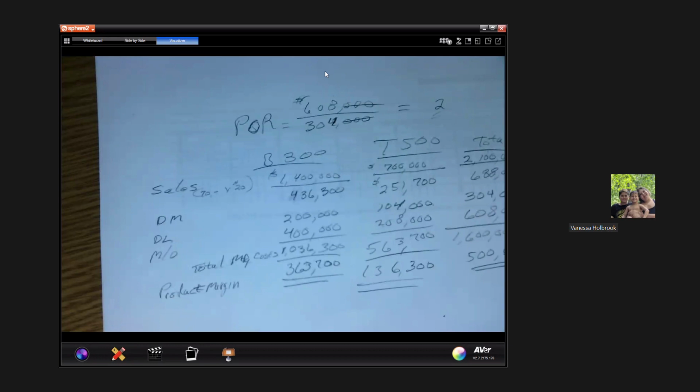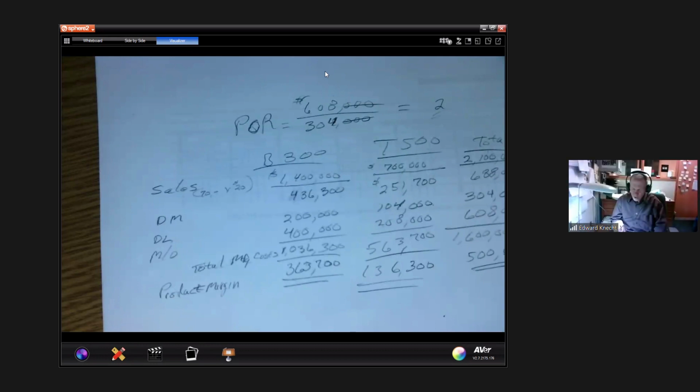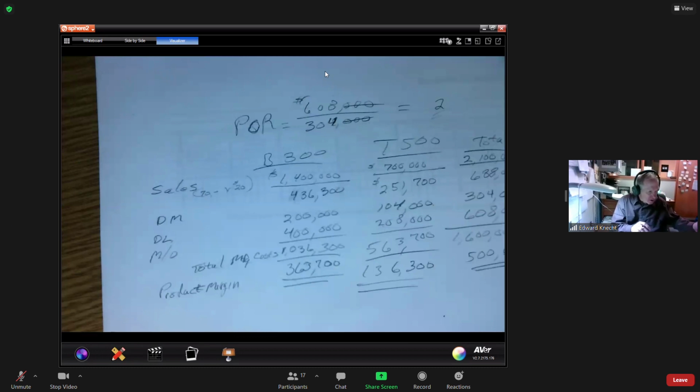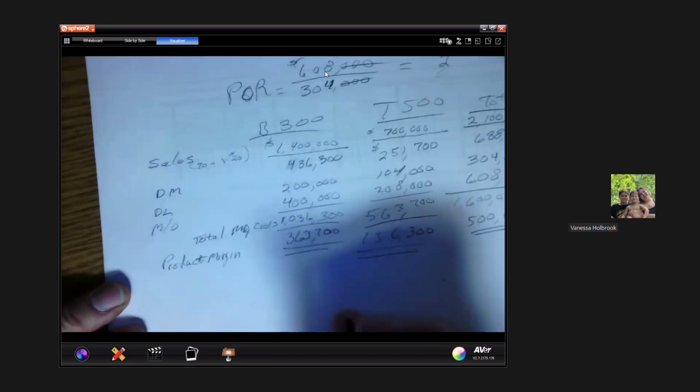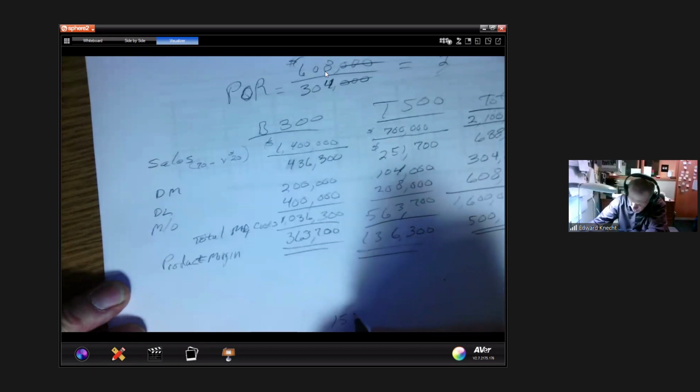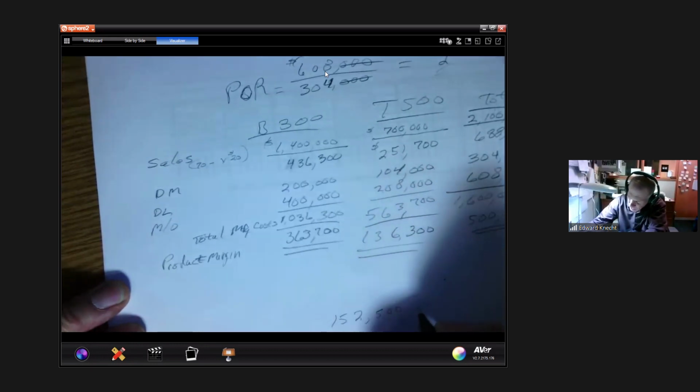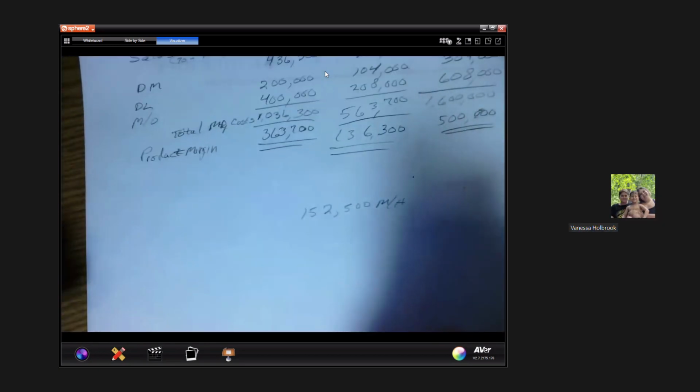So now we can take the machine hours, the total machine hours. We've got to come up with the activity rate. We know what the allocation base is for machining. It's the number of machine hours. So let's take the number of machine hours, 152,500, and I'm going to put M/H to indicate those are machine hours.